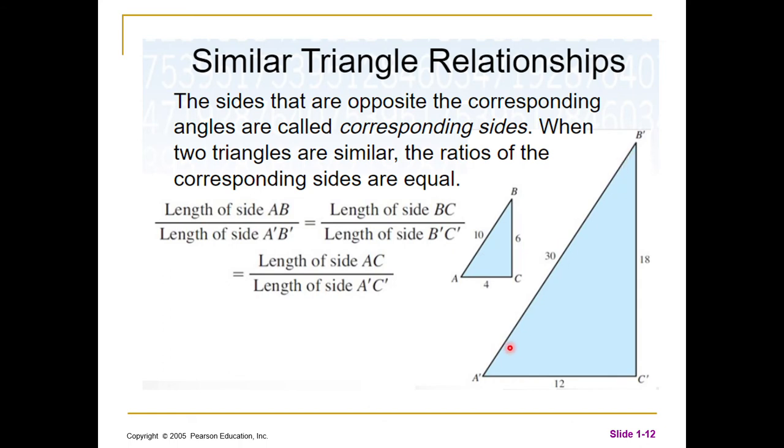Is equal to the length of the side BC over the length of side B prime C prime. Or equals the length of side AC over the length of A prime C prime. Yan. So, yun yung mga ratio proportion natin na pwede natin gawing equation. Yung mga yan. Di ba? Tama.